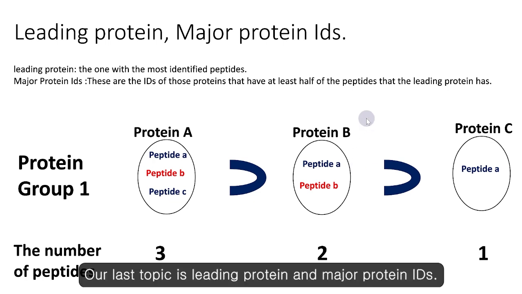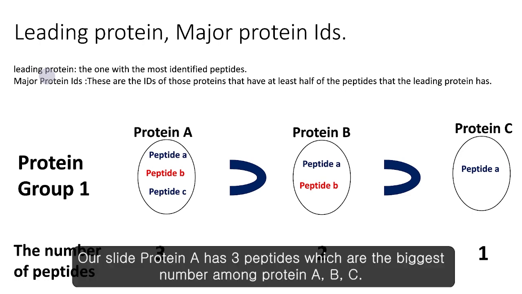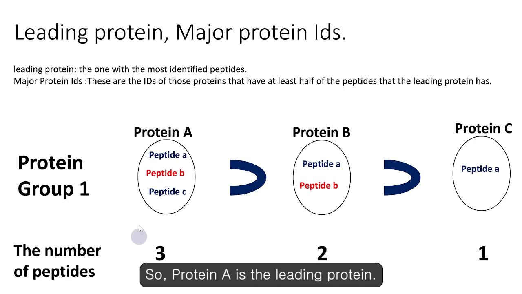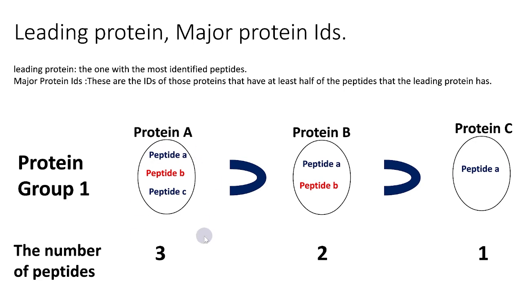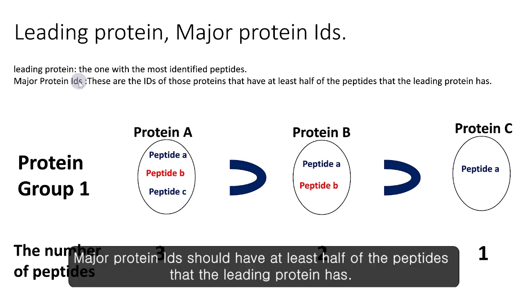Our last topic is leading protein and major protein IDs. The leading protein is the one with the most peptides. In our slide, protein A has 3 peptides, which is the biggest number among proteins A, B, C. So protein A is the leading protein. It's easy. And what are major protein IDs? Major protein IDs should have at least half of the peptides that our leading protein has.